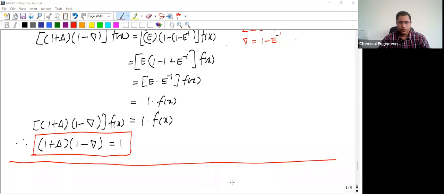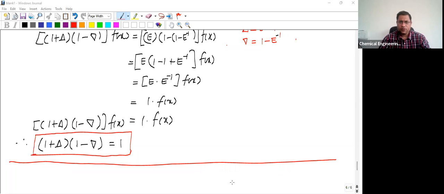Similarly, we can think of the relation between other operators. Here we can have different relations between these different operators.